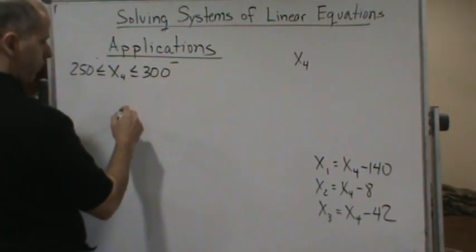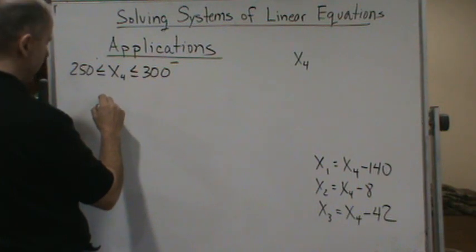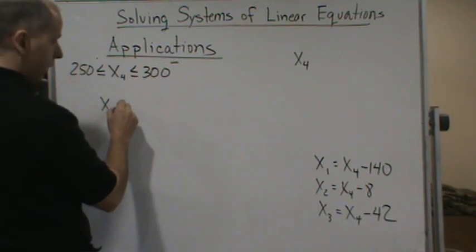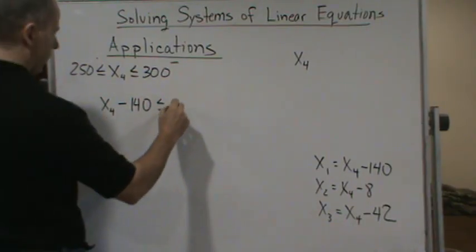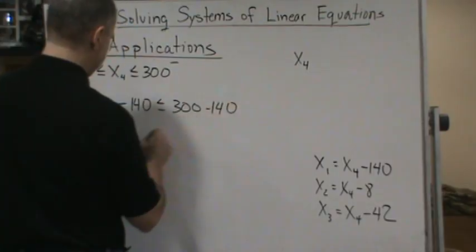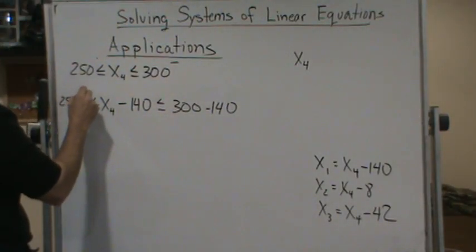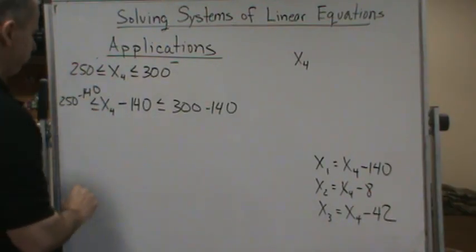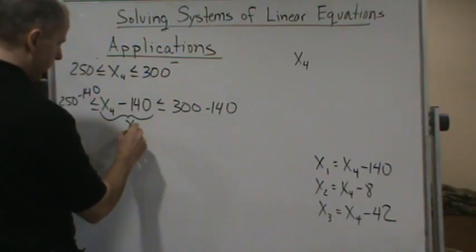So that would mean that X4 minus 140 is between 250 minus 140 and 300 minus 140, right? And this is X1.